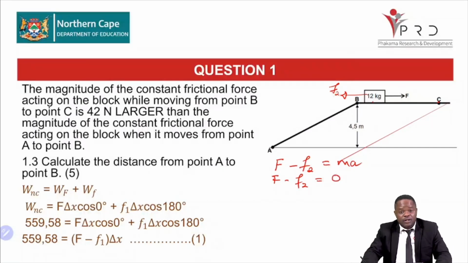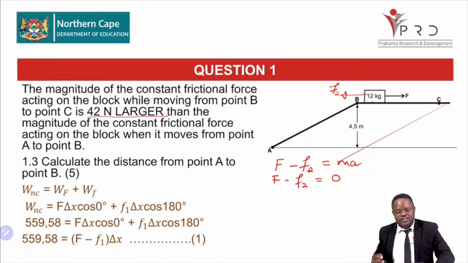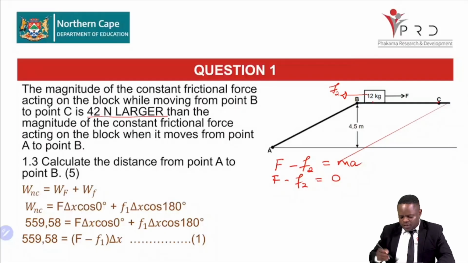But then what do we know about F2? If we come here, we're told the magnitude of the constant frictional force acting on the block while moving from point B to point C is 50 newtons larger. So what does it mean? It means your F2 is actually equal to F1 plus 42. Is that making sense?